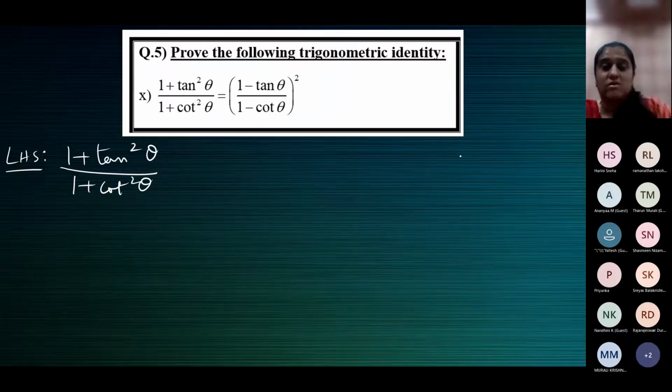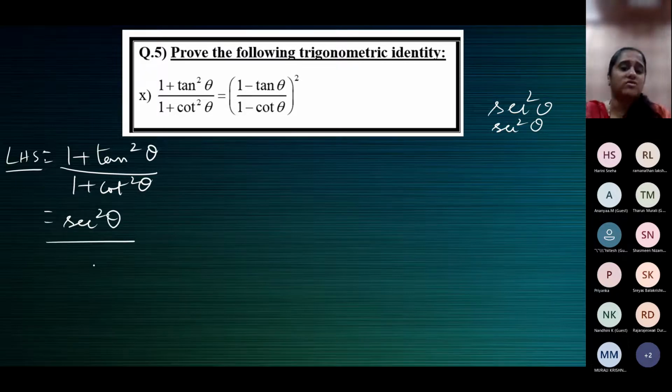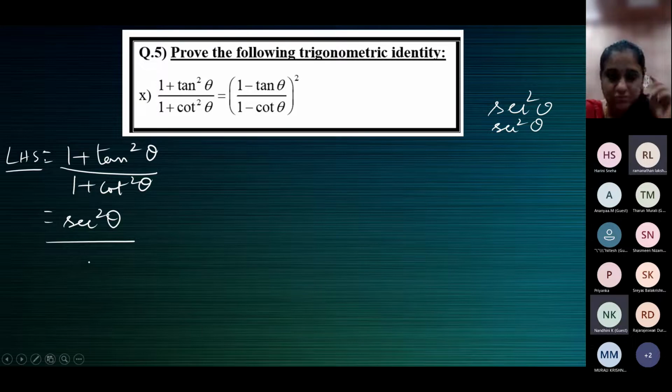Secant square theta. So this is secant square theta. 1 plus tan square theta is secant square theta, divided by, what is 1 plus cot square theta? Cosecant square theta.